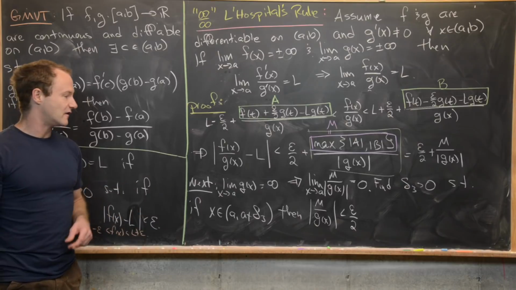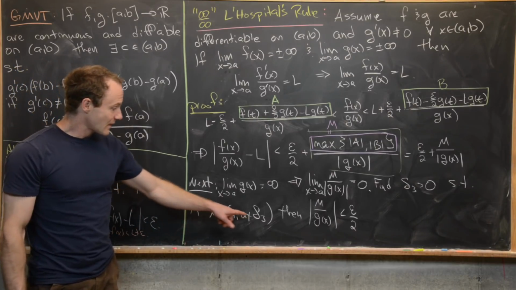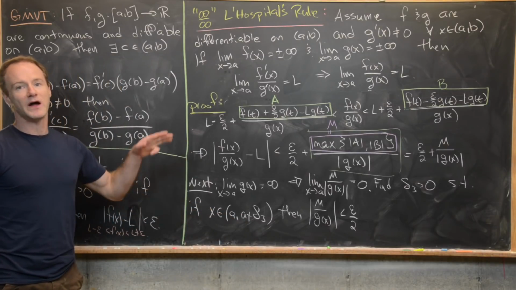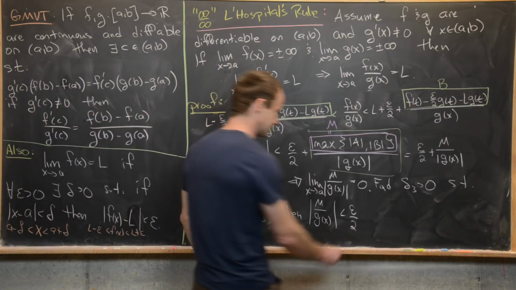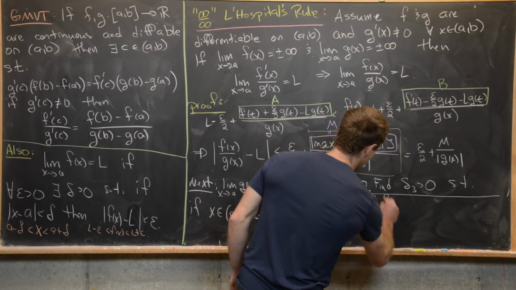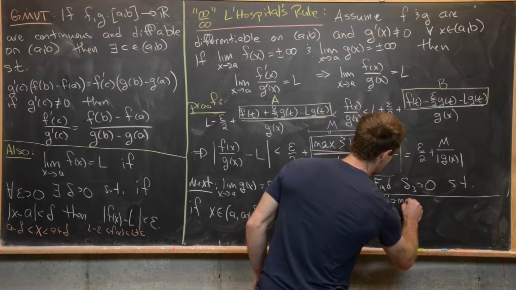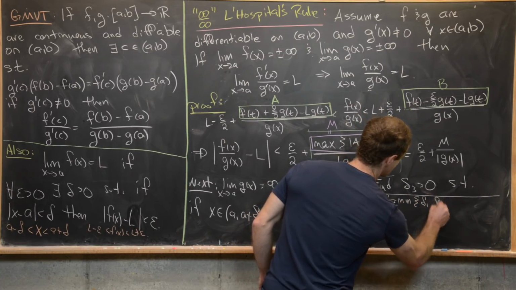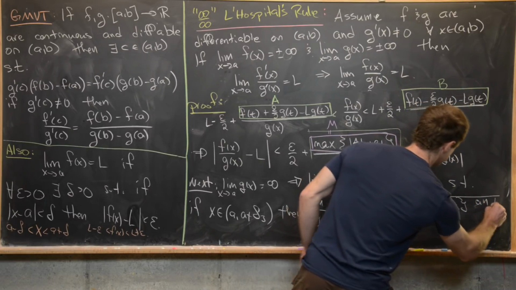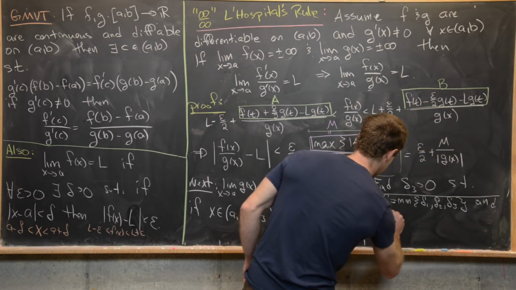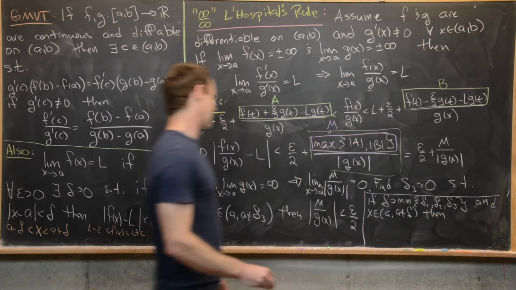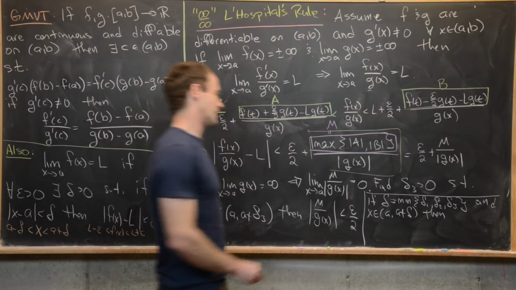But what's required there is that our delta is chosen not just to satisfy this condition, but the two previous conditions. So we can finish this off by saying that if delta is equal to the minimum of delta 1, delta 2, delta 3, and x is on this interval a to a plus delta, then we have this inequality right here.